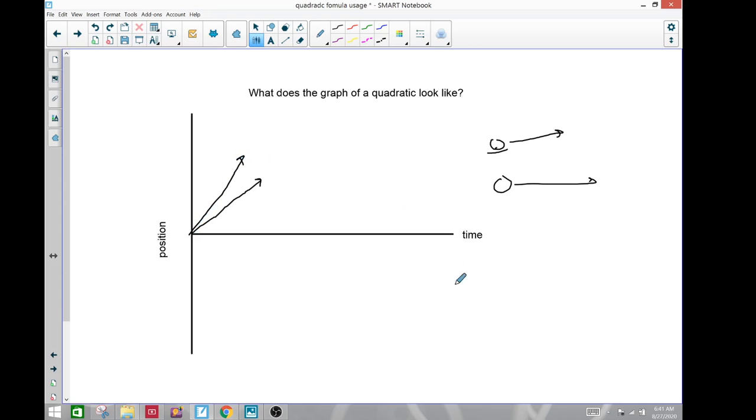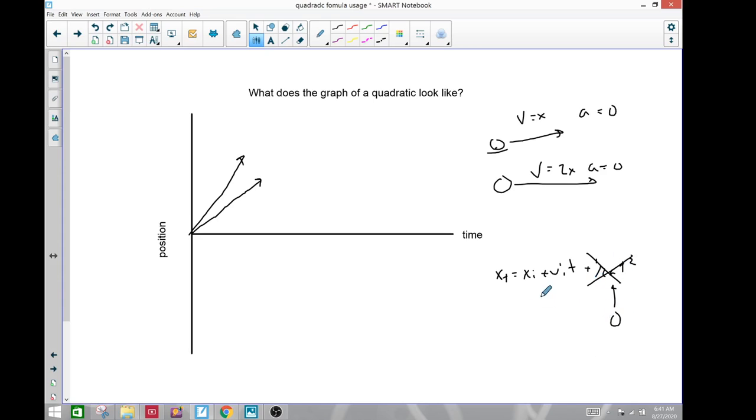Well, when you're looking at your formula, x_t equals x_i plus v_i t plus 1/2 a t squared, for this one the velocity equals x and the acceleration equals 0, and for this one the velocity, let's say, equals 2x and the acceleration equals 0. When the acceleration equals 0, this problem becomes much simpler because that term drops out.